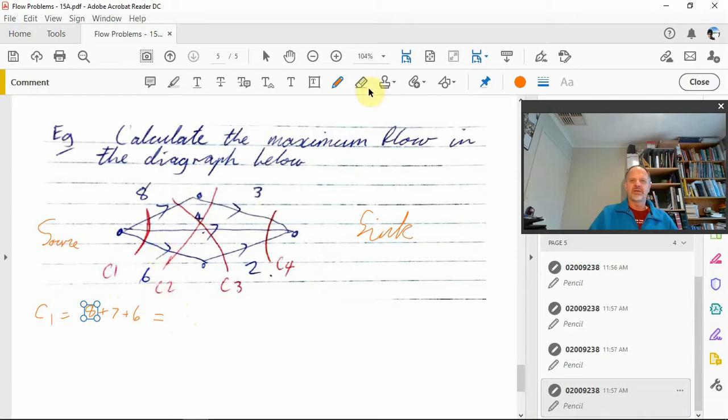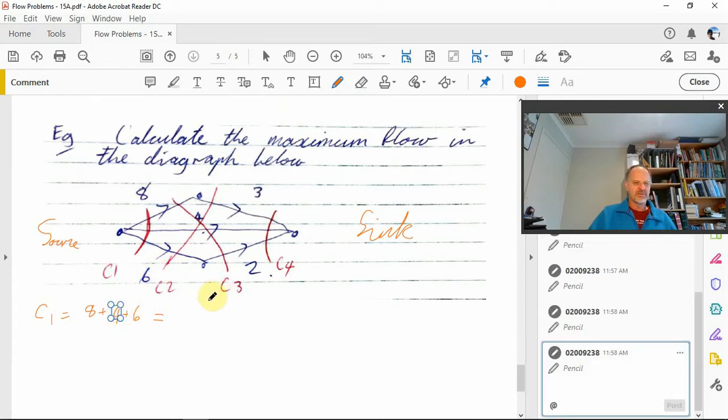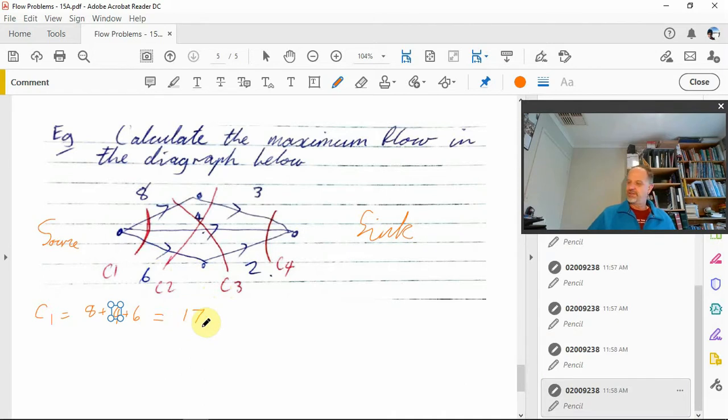All right, let me go here. That's not 7, that's 4. 8 plus 4 plus 6. You'll notice that I've made a mistake in the notes there on that one as well. So that's 17. That's not 17, it's 18, sorry. So that's 18.